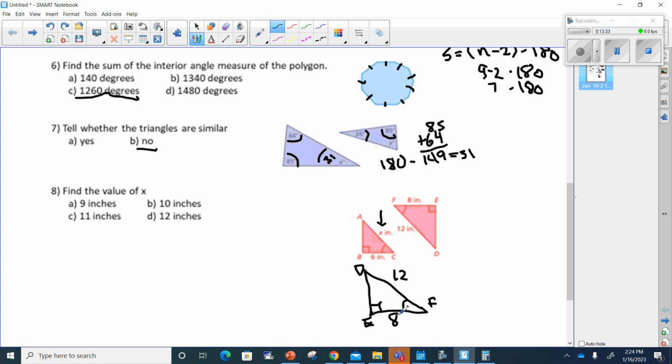I can make a fraction of 12 to 8, big side to small, and then take this one, x to 6. We're going to cross multiply, so I take 12 times 6, and that has to equal 8 times x.